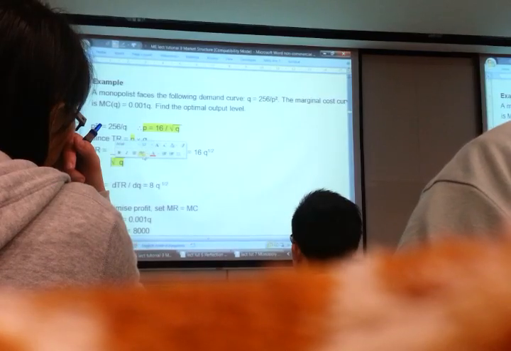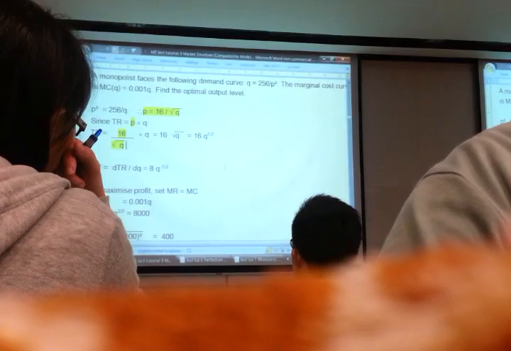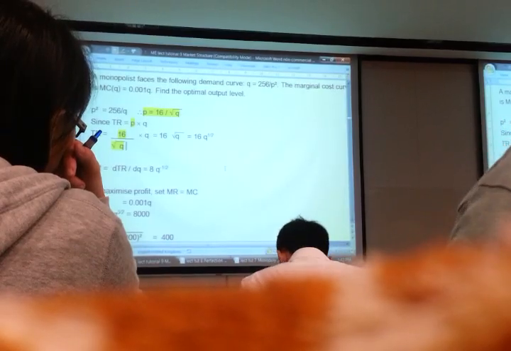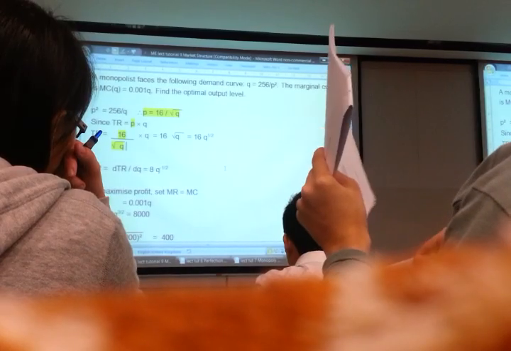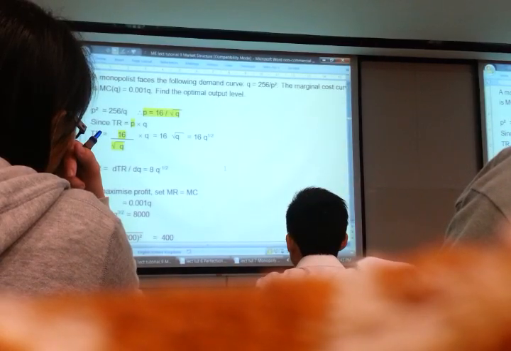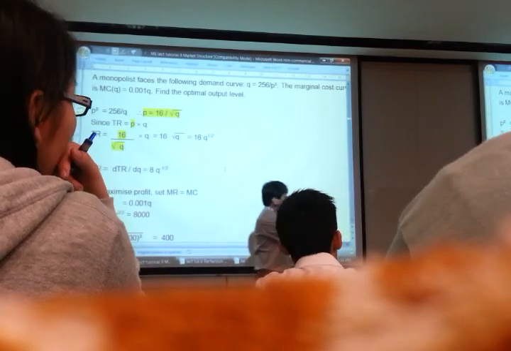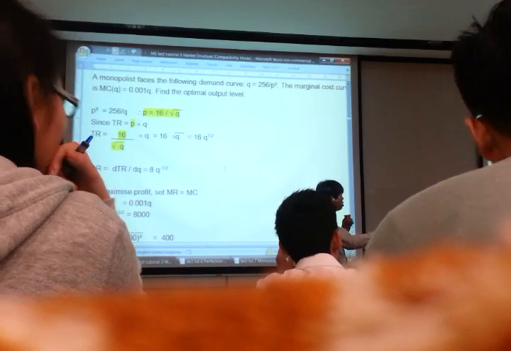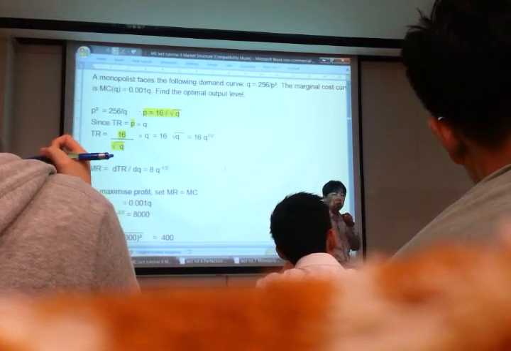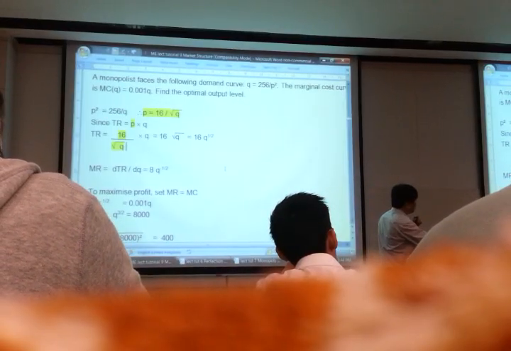You take your P times Q, get your total revenue. Therefore, marginal revenue: you differentiate this with respect to Q, you get this. If you cannot tell whether it's a straight line or not, then you always use this one. Understand? This is the safest, because this will work for every case, straight line or crooked line. So, the marginal revenue is this.